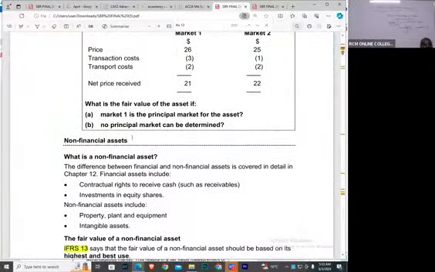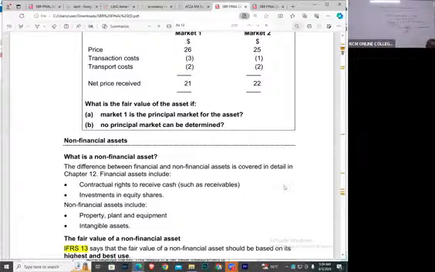Yes, then now we have non-financial assets. For non-financial assets like property, plant, and equipment, how do we do fair valuations here? Very easy. What's a non-financial asset? The difference between financial and non-financial assets is covered in detail in chapter 12.